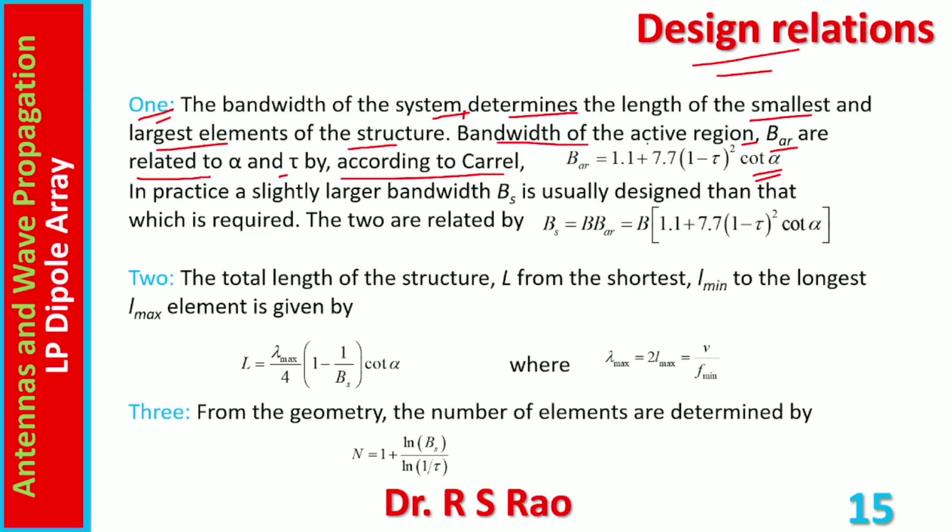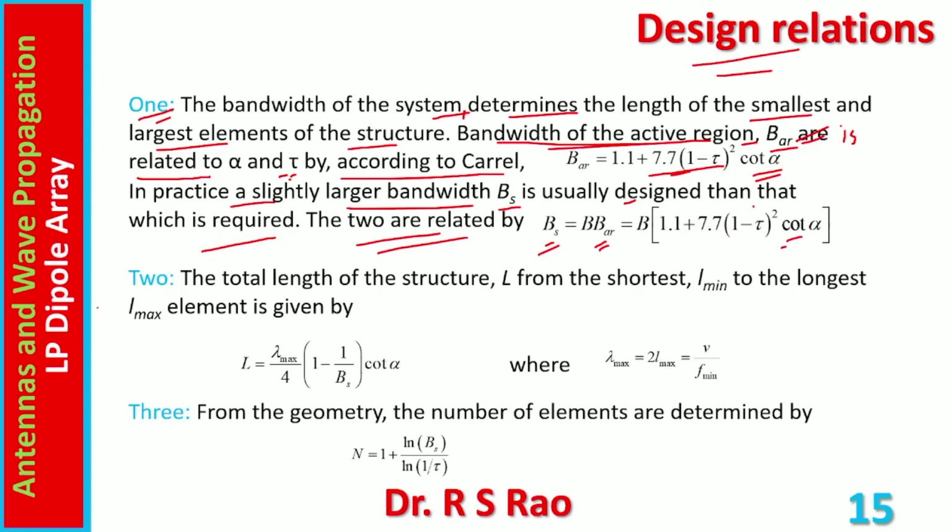In practice, a slightly larger bandwidth Bs is usually considered for design than that which is required. The two are related by Bs is B into BAR, which is B into [1.1 plus 7.7 (1 minus tau) whole square cot alpha].